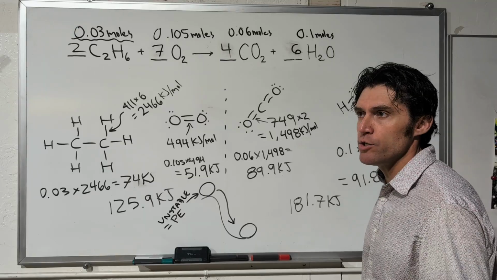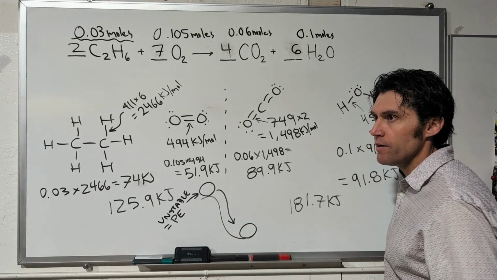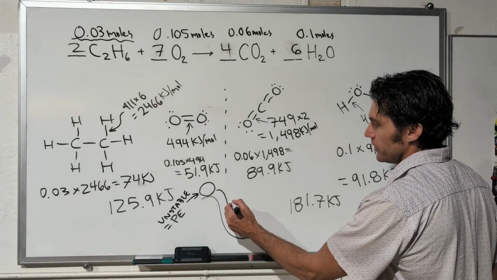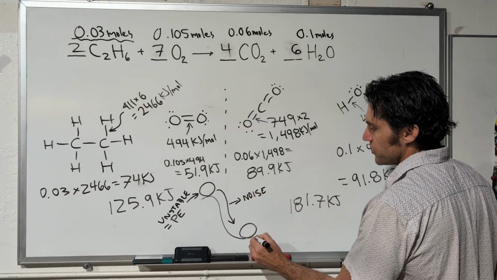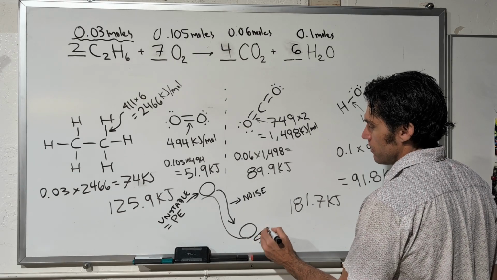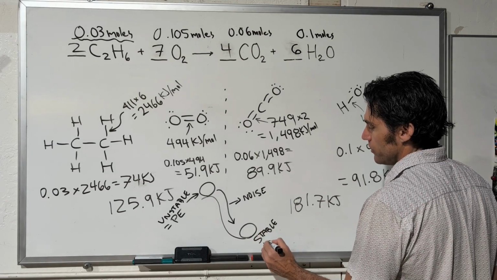Things always release energy when they become more stable. A ball rolling down the hill is going to release noise as it becomes stable and has low potential energy.